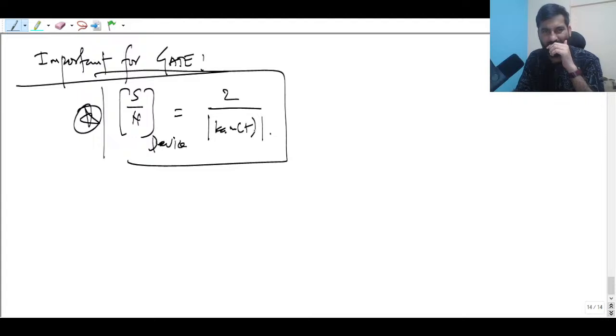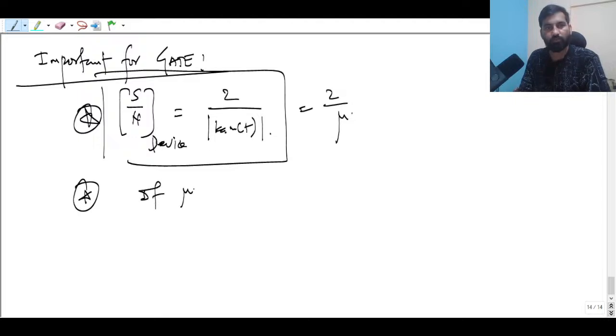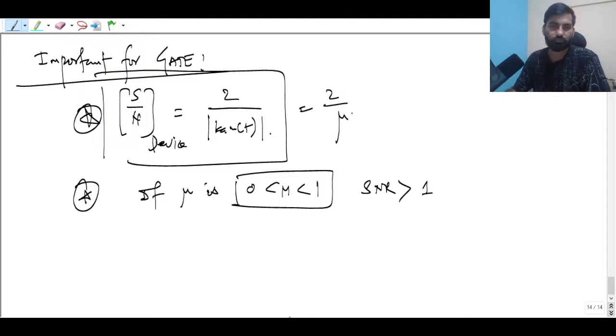So you know that kmt is nothing but 2 times mu. So your SNR depends upon mu also, okay. This kind of question they might ask: if mu is lying between 0 and 1, your SNR will be greater than 2, not 1, greater than 2, okay.